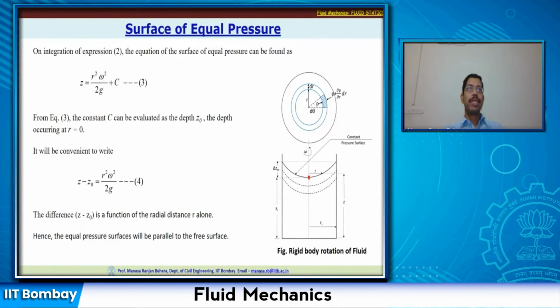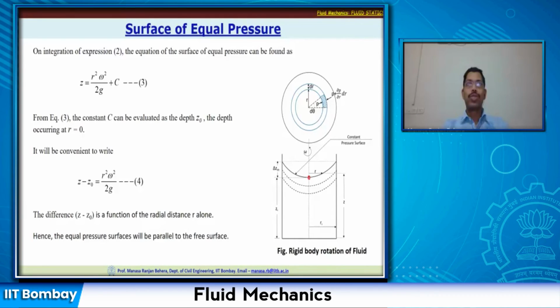the z has become z0 and c, if we look at from the equation 3, the constant c can be evaluated as depth is z0. So that is the distance of this point, that is from the bottom of the tank to this free surface at the axis line, and that is nothing but my z0, and r is equal to 0.